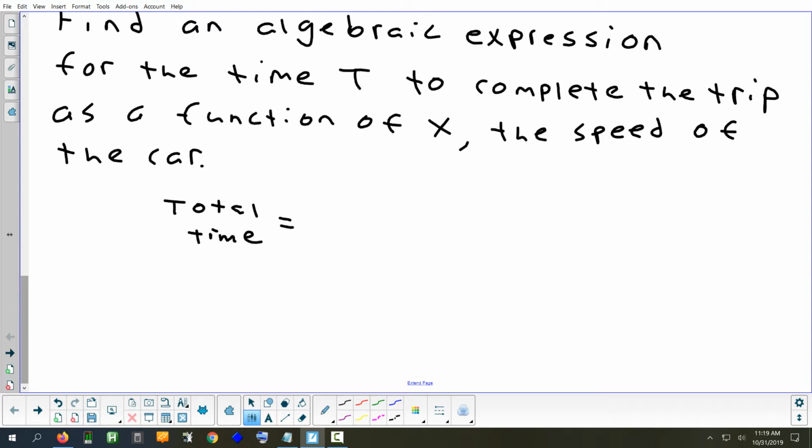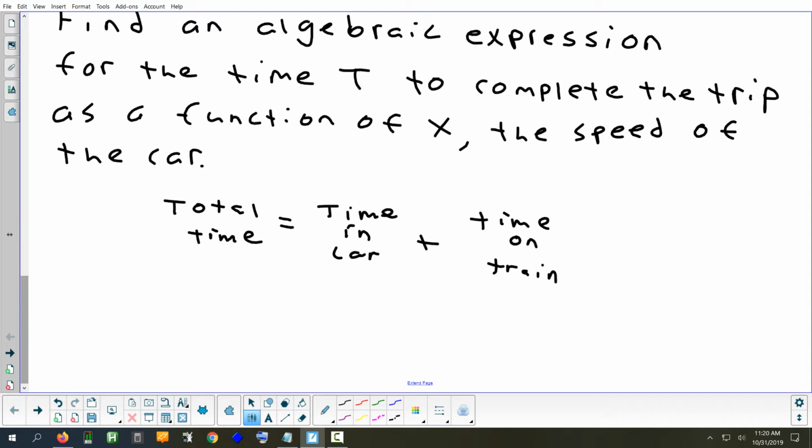I'm not looking for any numbers or anything specific here, just the general concept. The total time for this trip is this and this. The time spent in the car plus the time spent on the train.